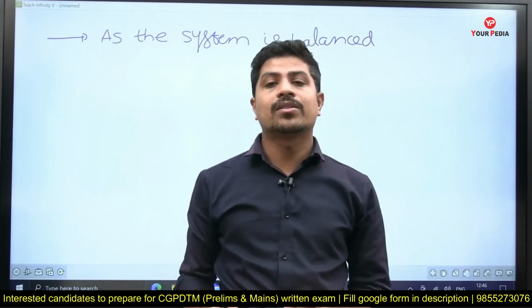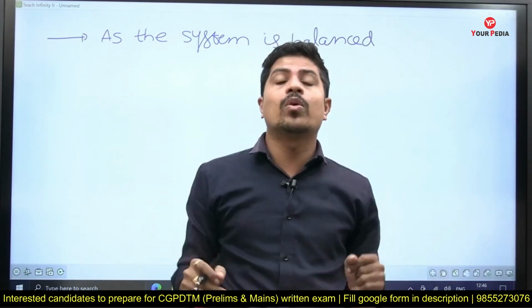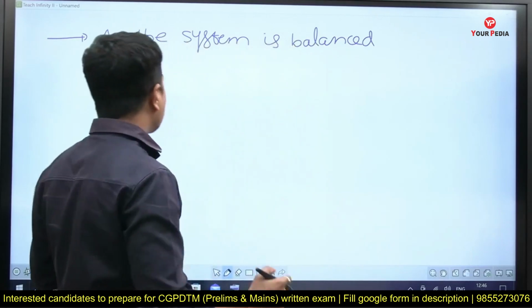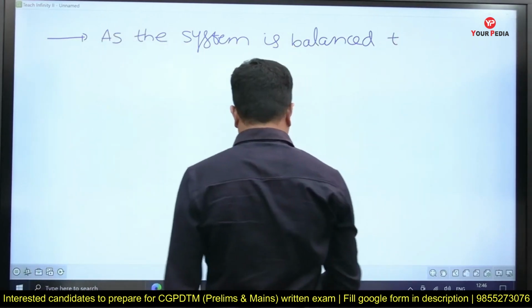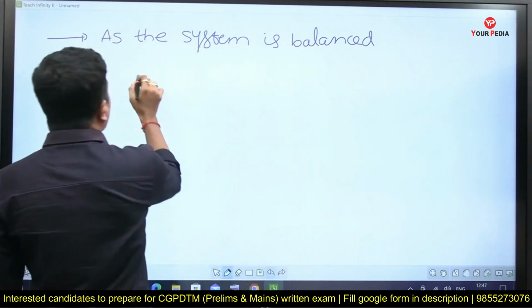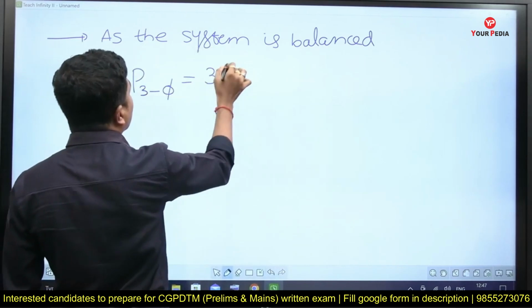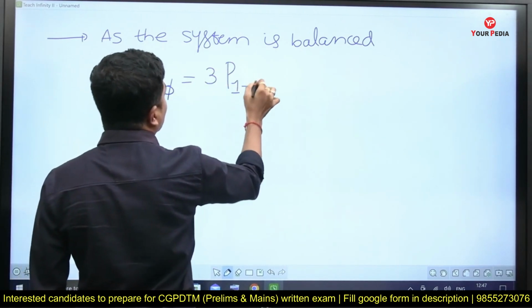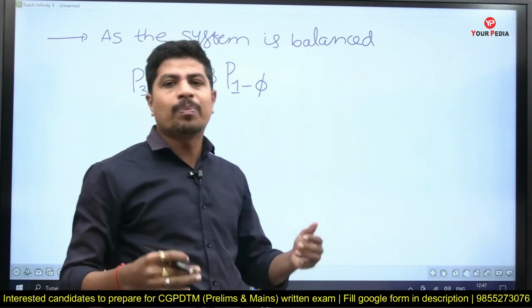The feeder impedance is balanced. The load is anyhow balanced because all three phases of the load have the same impedance. As the system is balanced, the power of three phases is equal to 3 times the one phase power. It is equally valid for P, Q and S.